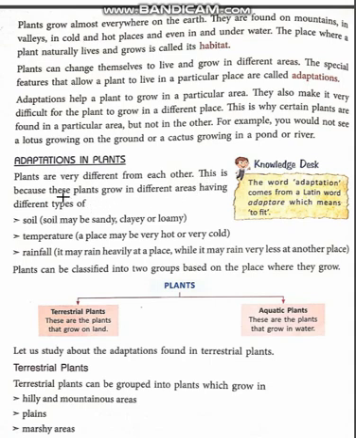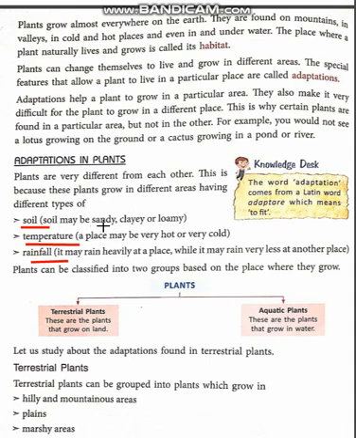This is because these plants grow in different areas, having different types of soil. Let me underline soil, temperature and rainfall. If you observe any plant of the world, you will find that these three things, soil, temperature and rainfall, have a very important effect on the growth of plants.